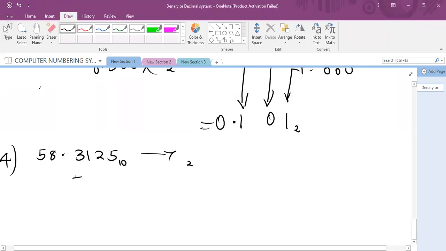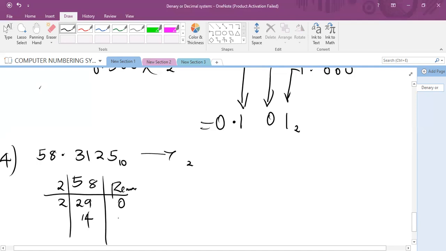So converting 58, basically what we are going to do is divide by 2 and then note the remainder. So dividing by 2 here, it goes here, we have 29 times, and then the remainder is 0. If we divide 29 by 2, it goes there 14 times. The remainder is 1.